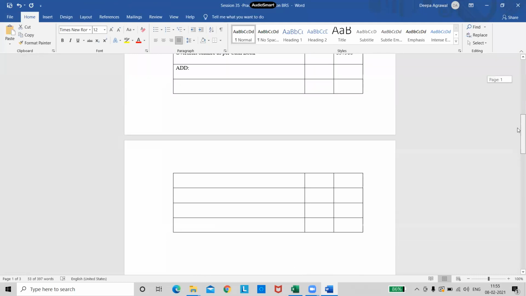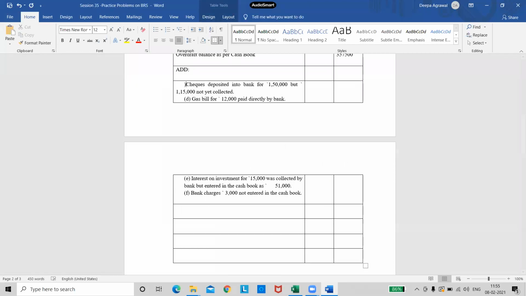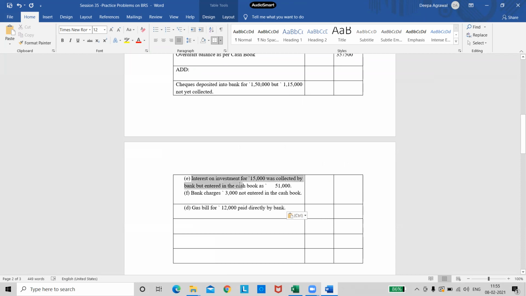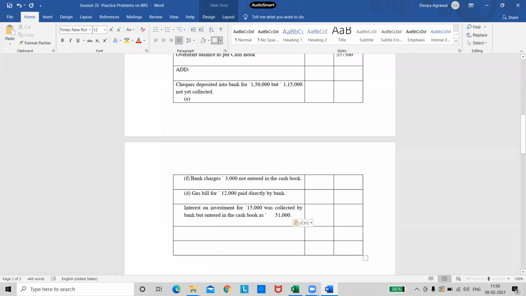I will bifurcate them here once I put it here. Okay. So this is the C bit. This is the D bit. Right.